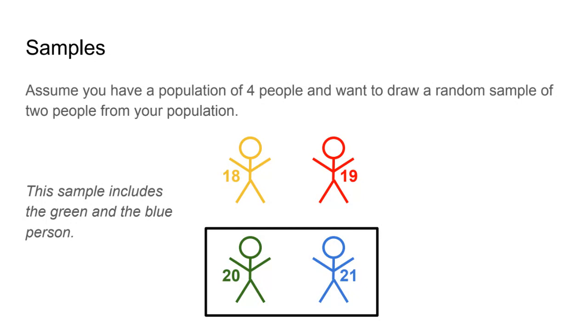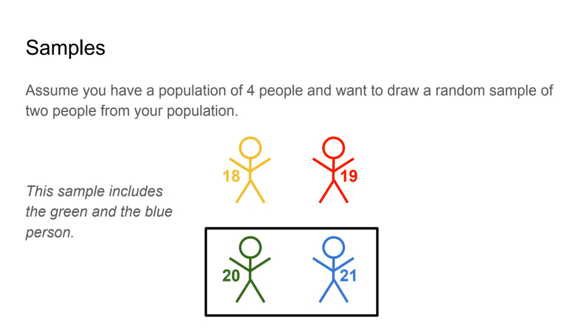Now, these people have properties, right? In this case, we might be interested in the age of these people. I have indicated the age of the people in the population by the numbers here next to them. So the yellow person is 18 years old, the red person is 19 years old, the green person is 20, and the blue person is 21 years old.